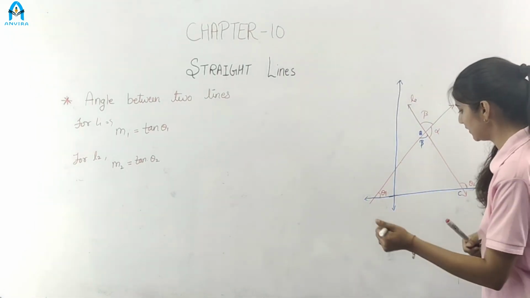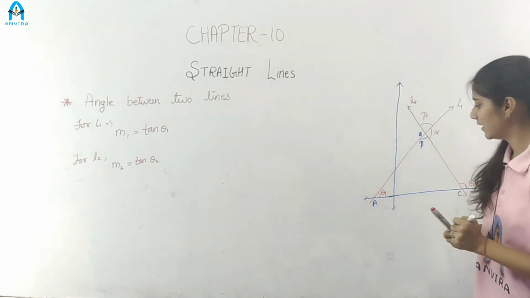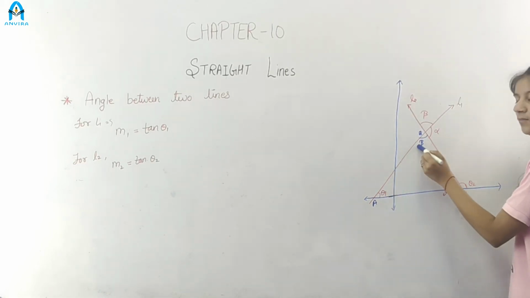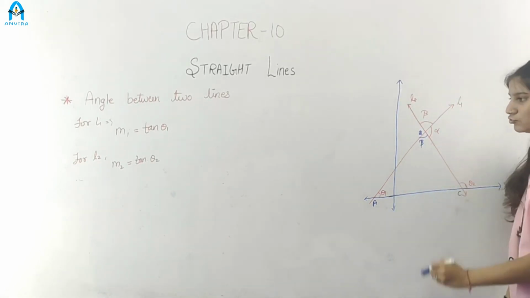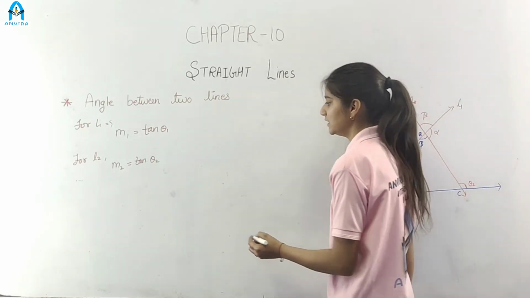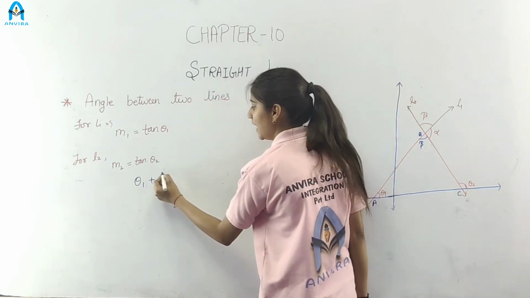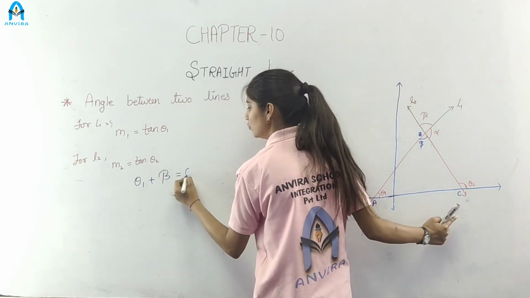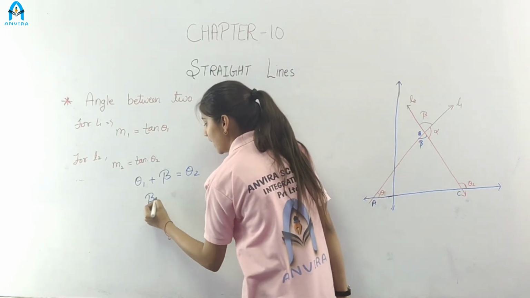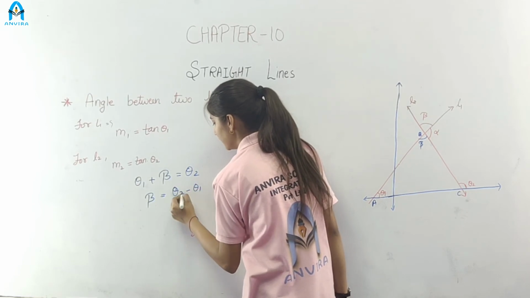So how can we find it? Here let us take triangle A, B and C. In this triangle I can see that the sum of interior angles is equal to the exterior angle. So I apply here theta 1 plus beta angle is equal to theta 2. So beta is given by theta 2 minus theta 1.